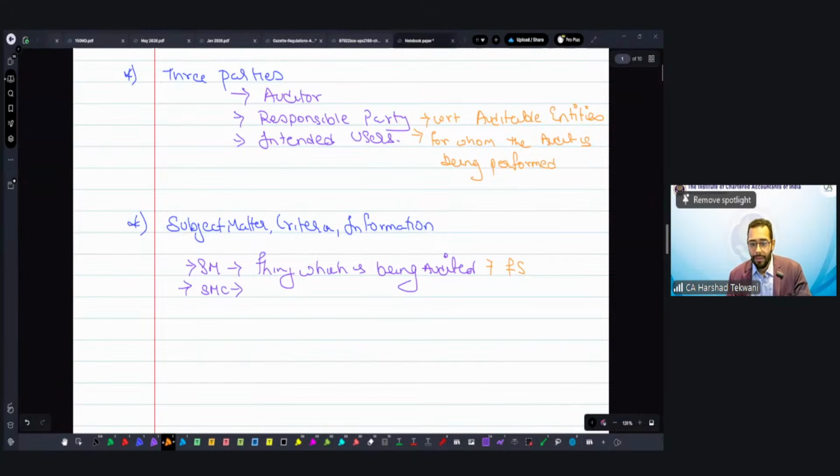Very important. What is criteria in case of a financial audit? Can anyone tell me? Percentage of profits? No. I'm not talking about that criteria. That criteria is something different.